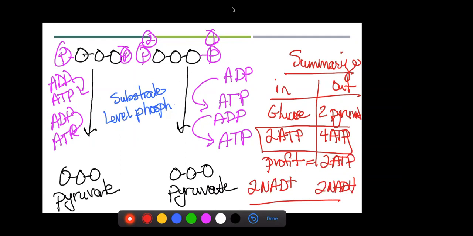I'll explain where the 36 and 38 come from. The 32 is more of a realistic ideal, because when we do 36 to 38, we're assuming we're not losing any energy to entropy or heat, which we know is not true. Okay, so that is glycolysis.